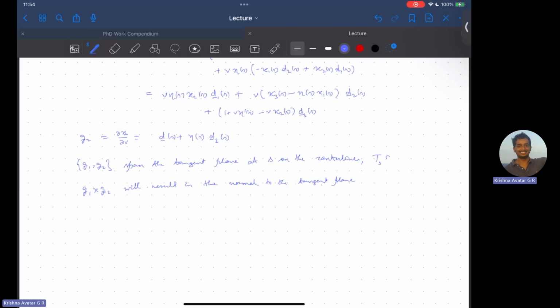So I should call it T_s, capital R for ribbon.